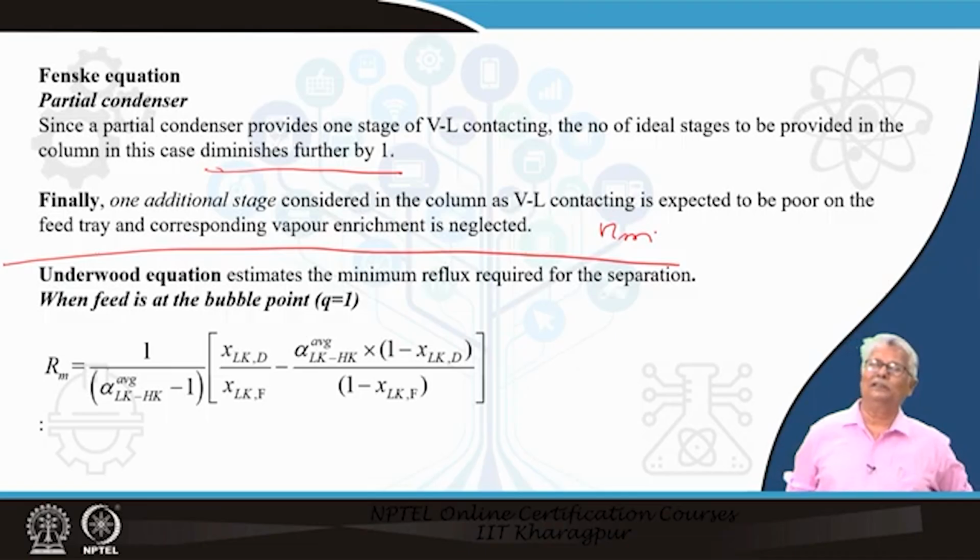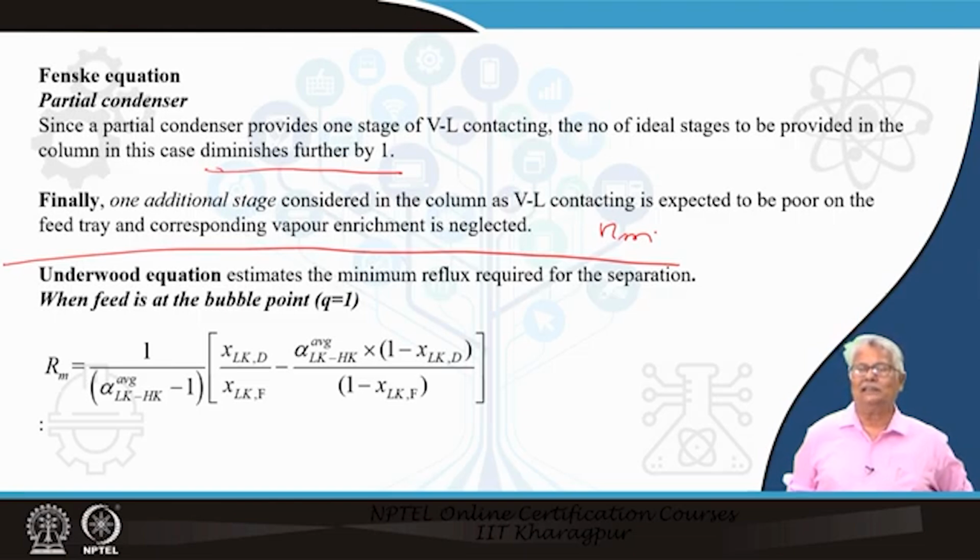Now, you will notice one thing, you definitely remember the binary system. How did we locate the point of minimum reflux for a particular separation? There we required the composition of the feed as well, because it was a point on the equilibrium line where the two operating lines, stripping section operating line and the rectification section operating line, came and met.